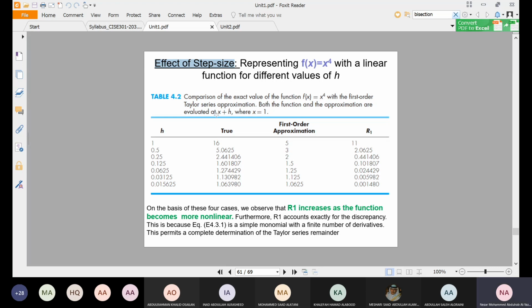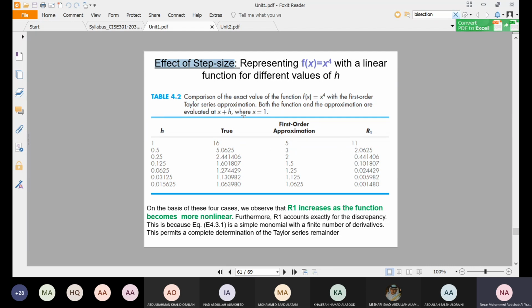The step size is 1 at the beginning, and the starting point x is 1. So the true value will be 16, and the first order approximation will be 5, and the error between the two will be 11.